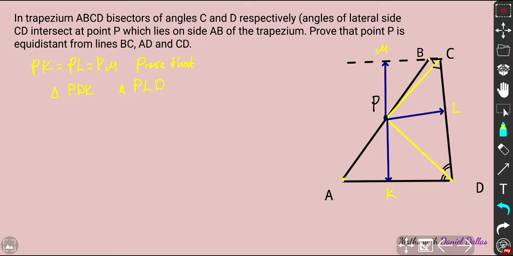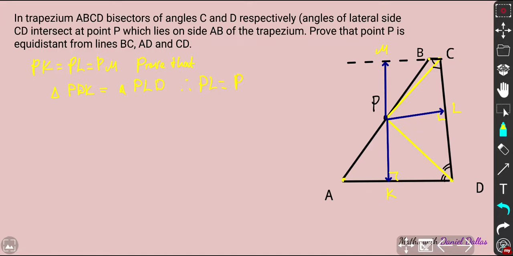So we can use this fact and state that this side is common, so PL equals PK. So from there we can figure out that PL is going to be the same as PK.